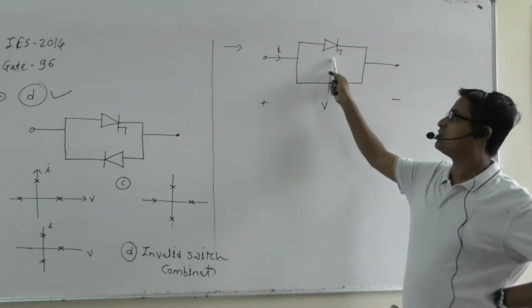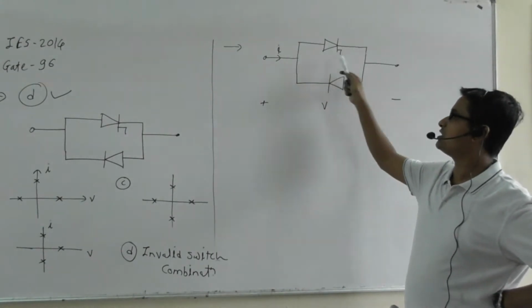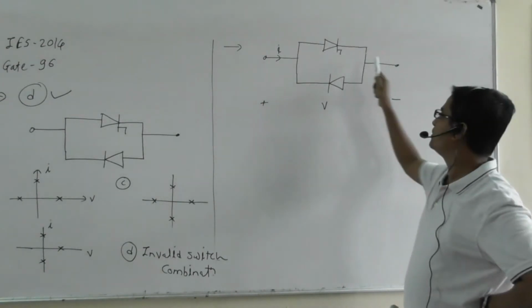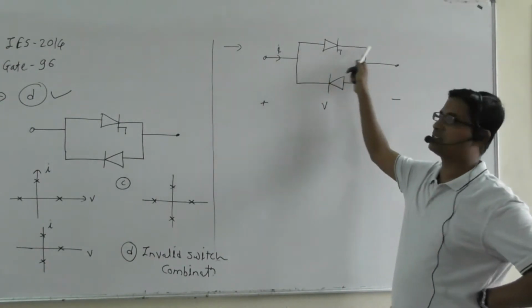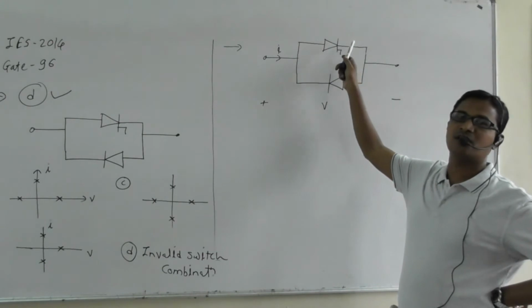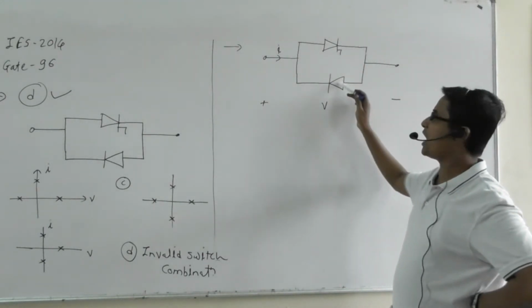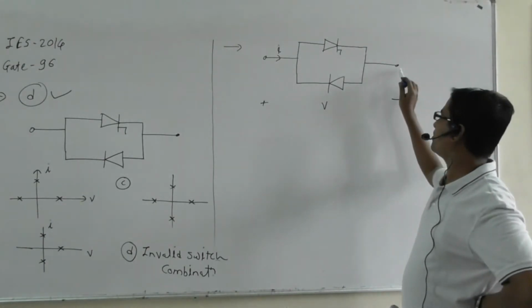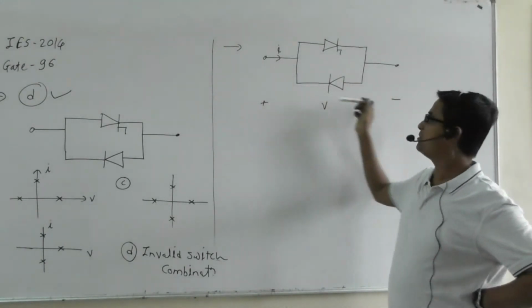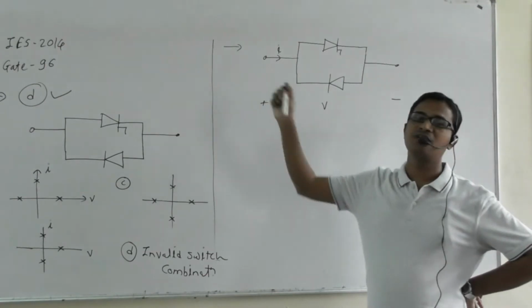When the thyristor is in the on state, the current will flow from this point to this point, in this direction through the thyristor, which means the current will be flowing in the positive direction. Similarly, when the diode is in the on state, current will flow from this terminal to this terminal, which means current will flow in the opposite direction.